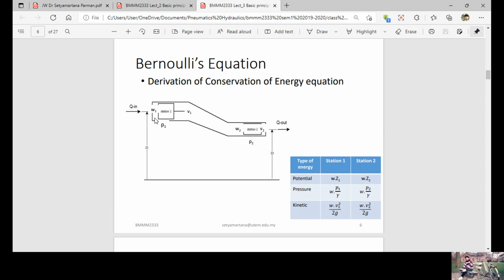Actually, the width at station 1 for the same control volume at station 2 will have W2, and W1 equals W2.